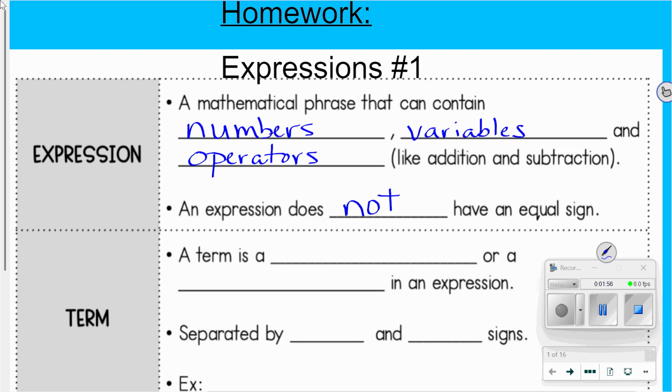Now, within the expression, there are terms. Each little piece of an expression is what we call a term. So a term is a, what do you think we'd put in there? Number or variable. Okay. DJ up front, I don't think he said it loud enough for everyone else to hear. He said number, but within an expression, a number now has a special name. Anybody know what the special name for a number would be?